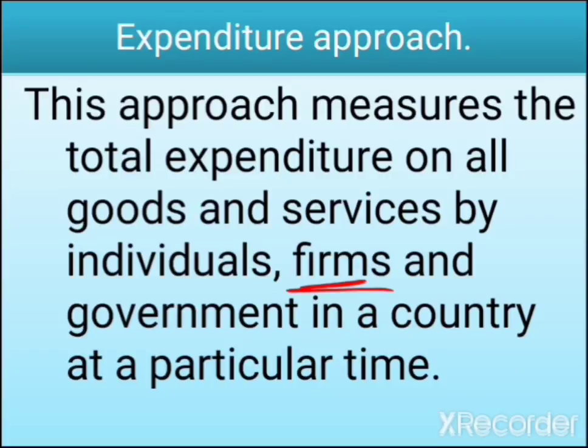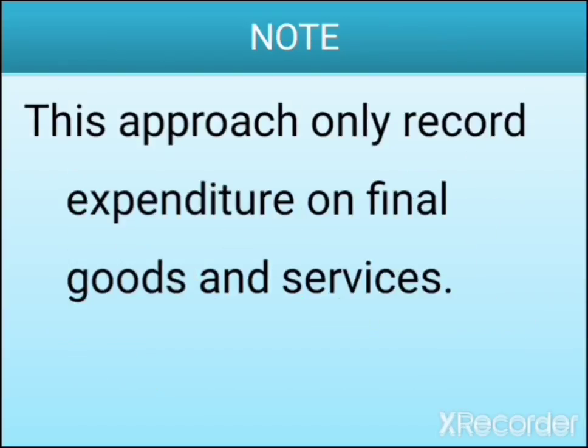So we calculate the expenditure of individuals, firms, and government to get the national income. So this is the most popular method of measuring national income. And this approach has to do with expenditure only on final goods and services. This approach only counts expenditure on final goods and services.